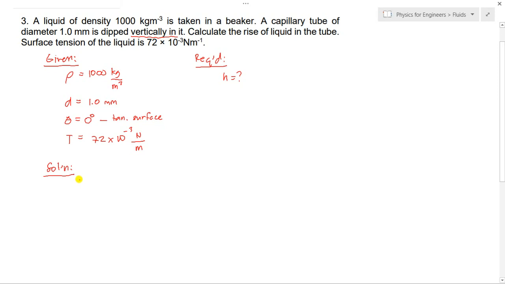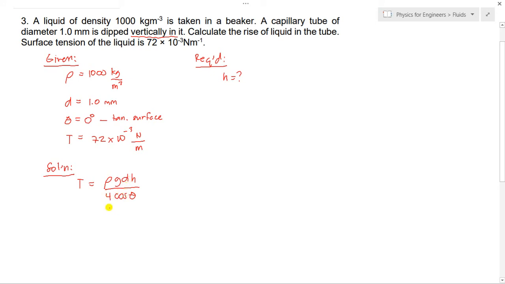So again, the formula for surface tension is T equals density times gravity times the radius, which is D over 2, times h, all over 4 cosine of theta. The 4 appears because we are using the diameter.